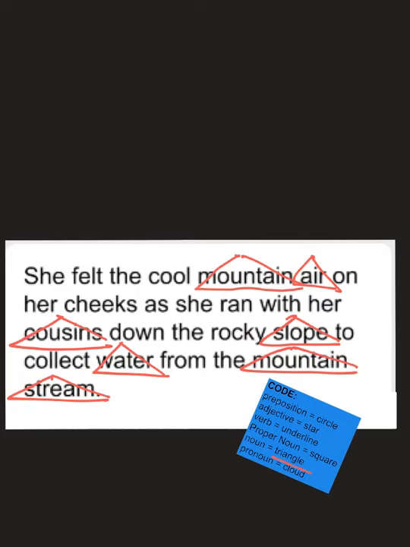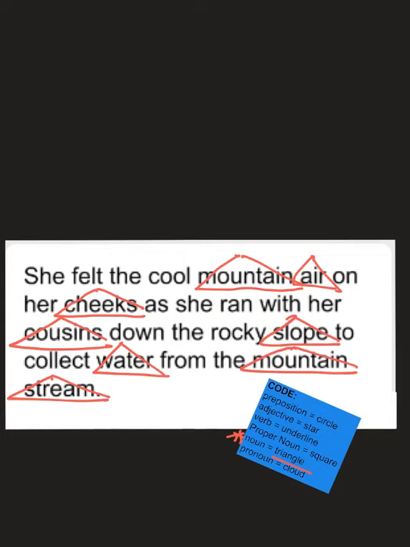Oh, of course, cheeks is a part of the body, so that would be a noun. As she ran with her cousins down the rocky slope to collect water from the mountain stream. I think that might be it. So I'm going to put a little star there. We've done nouns, but if we identify any more, we can come back to the triangle.